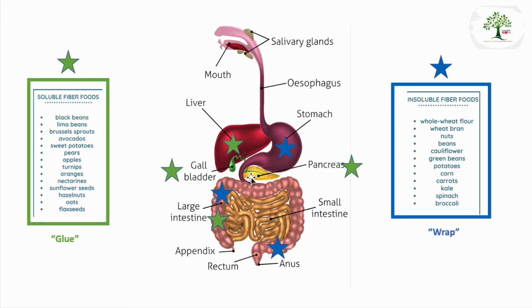Now, when it gets past that, we start looking at things like the gallbladder, which is helpful to digest any fats that come from that food, and the pancreas, which is our next big stop. Because remember, fiber is a type of carbohydrate. With the soluble fiber piece of the carbohydrate, nothing really happens here. But the other part of the carbohydrate, the complex carbohydrate, for example, that may come from your foods in this category, has to be digested by the pancreas.